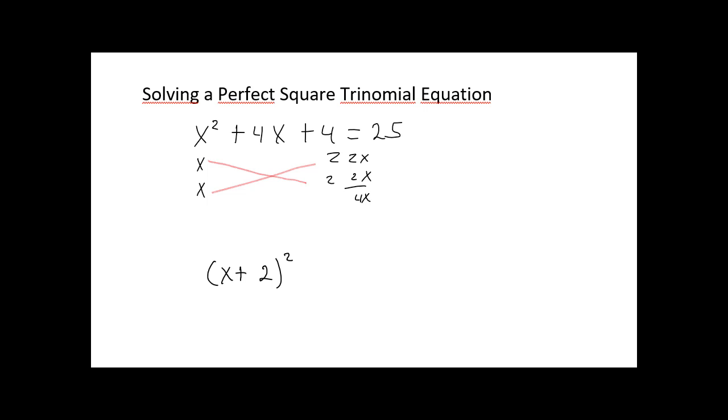Then I copy my first binomial, x plus 2, and my second binomial, x plus 2. I'm just factorizing the first part, then all of this is going to be equal to 25. And x plus 2 times x plus 2, because it's the same, I can rewrite it in this way: x plus 2 to the second power equals 25.